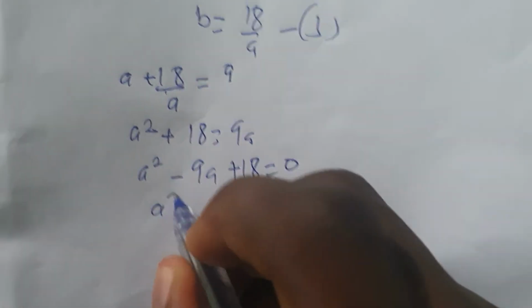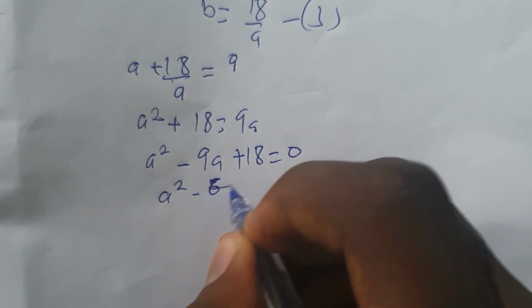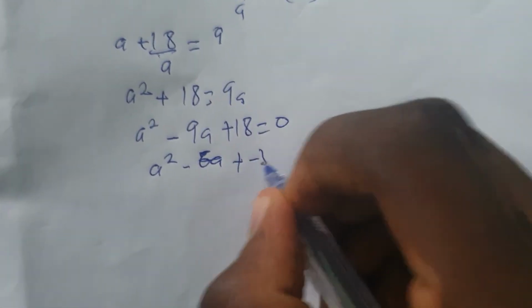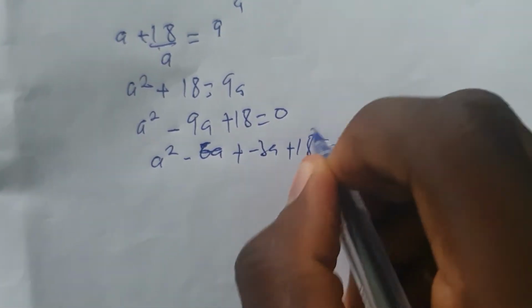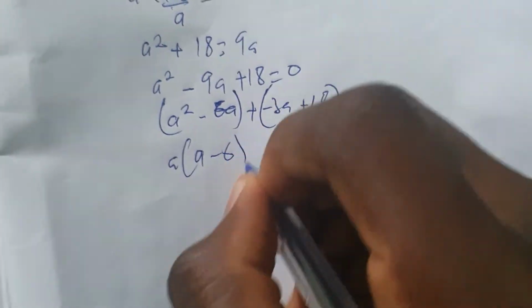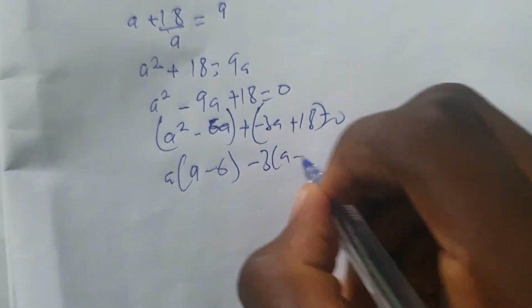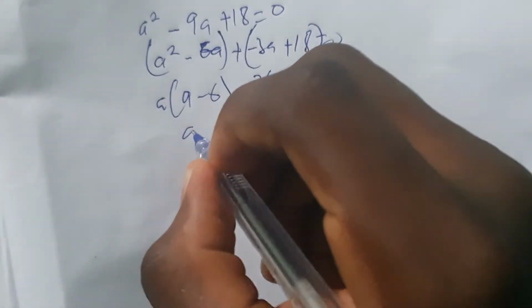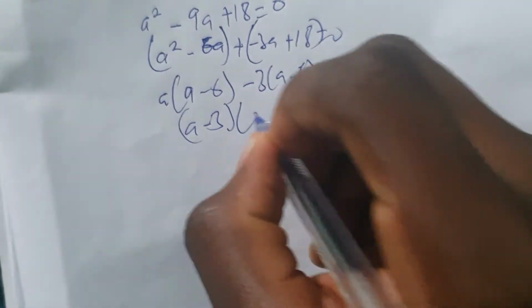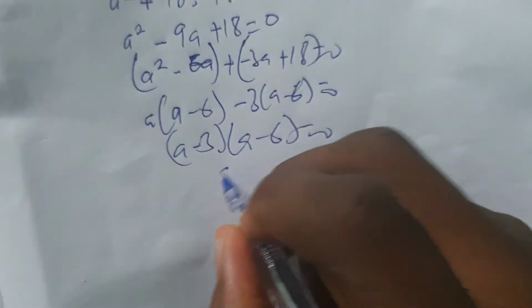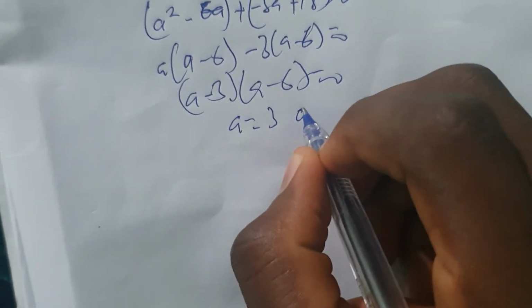Now we have to solve this quadratic using the factorization method. a minus 6, a minus 3. So we get a minus 3, a minus 6. So you get a to be 3 or 6.